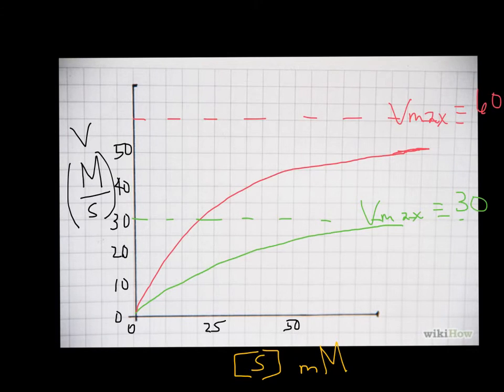Okay, now let's determine the Kms for each of these. Go here and go down. So Km for this color is equal to 20 millimolar. Km for this one is equal to, I'll write it down over here, 30 millimolar.